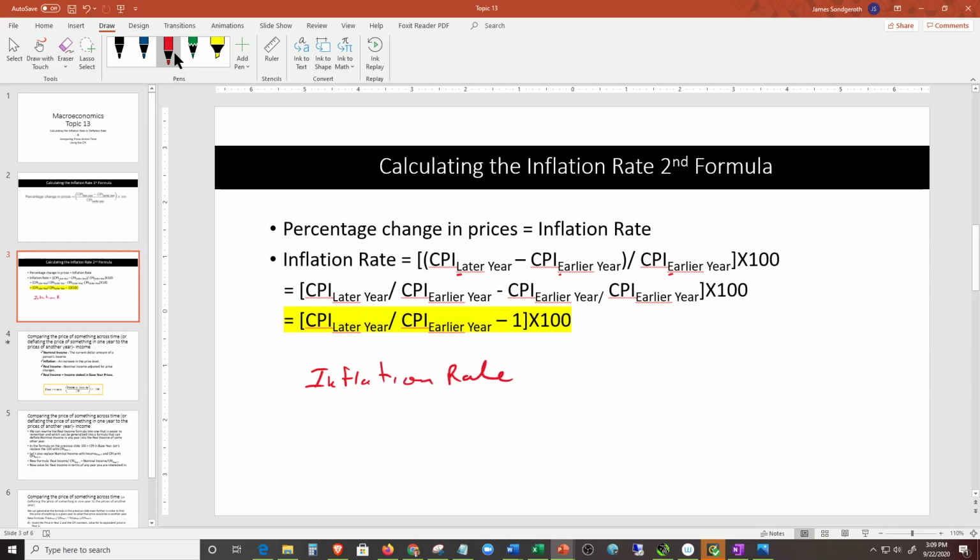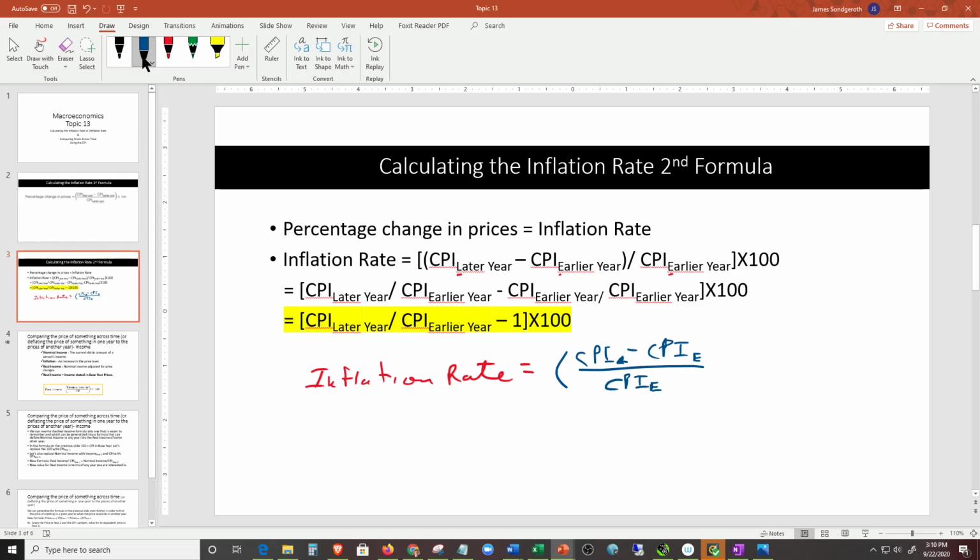and I think I'll get out of red and go to, I like blue. So the formula is going to be the CPI in the later year or the later time period minus the CPI in the earlier one, and that's divided by the CPI in the earlier year.